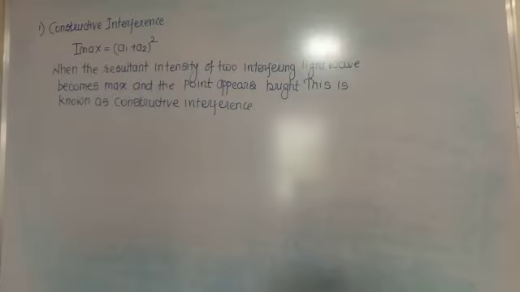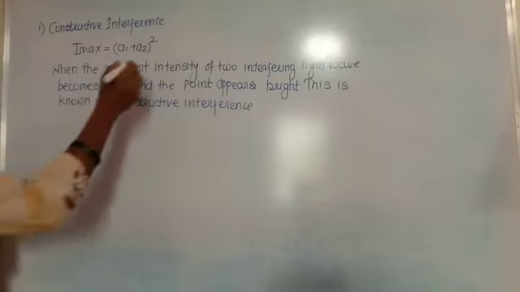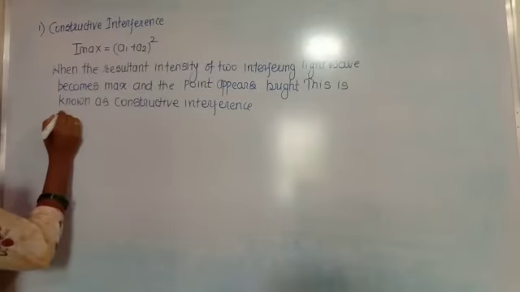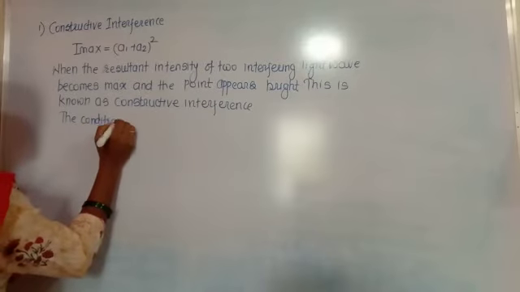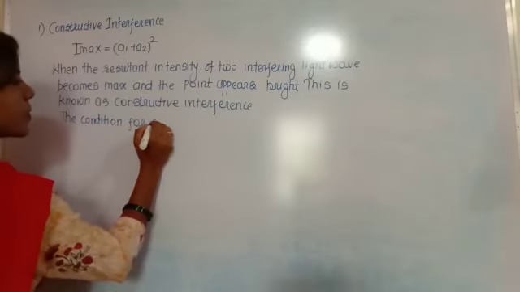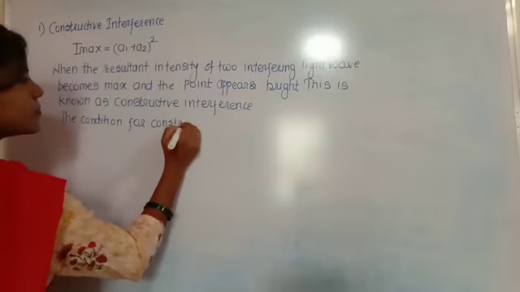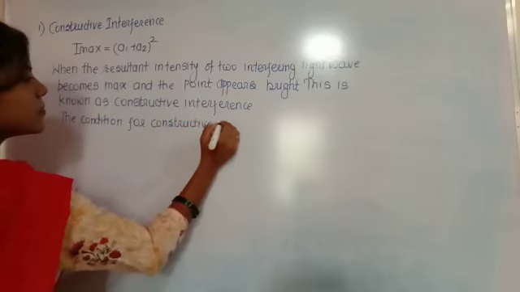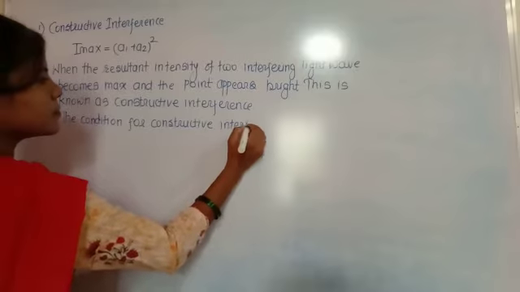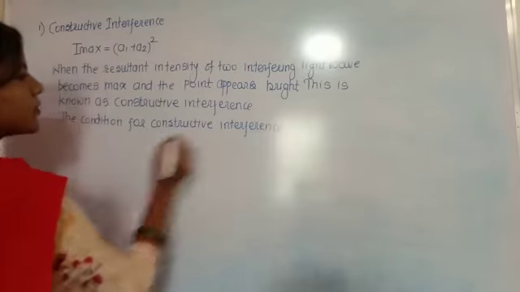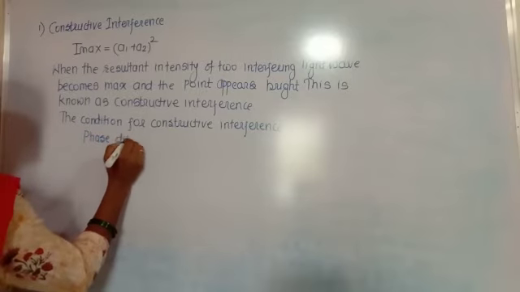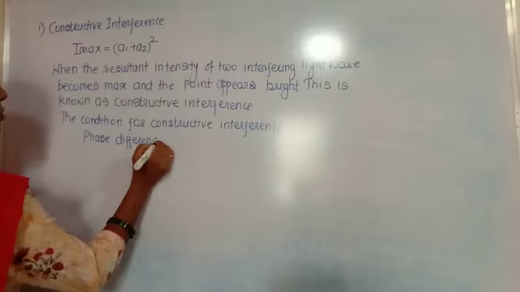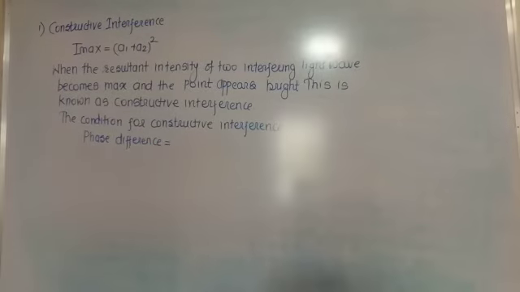The condition for constructive interference is that the phase difference between the two light waves should be, as we have seen, 0.